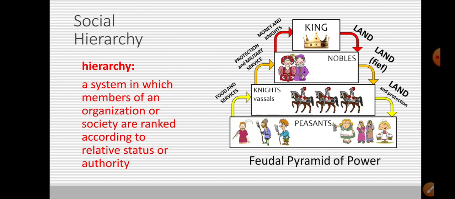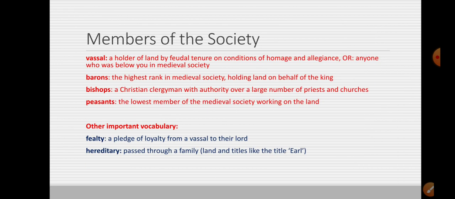This society is a predominant social structure all over Europe, also in the countries that are on the continent, not just in England. Now, the members of the society, as we mentioned, a vassal. I would like you to remember the word vassal. The vassal is a holder of land by feudal tenure on conditions of homage and allegiance, right?